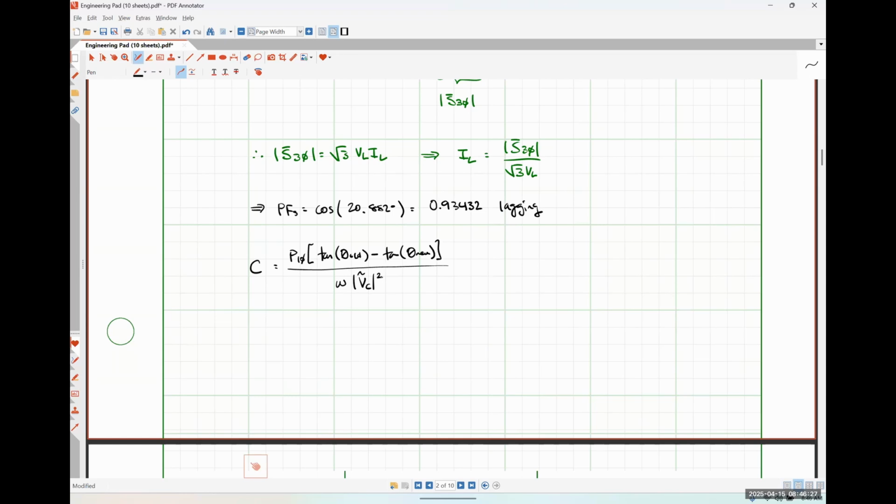So theta old is just the 20.882 degrees that we already have, because that was our angle before we applied our power factor correction capacitor bank.